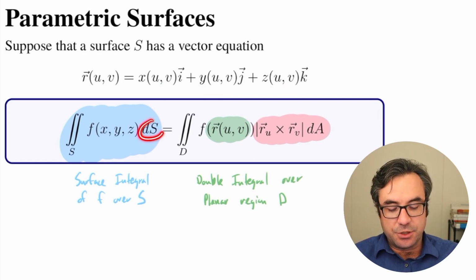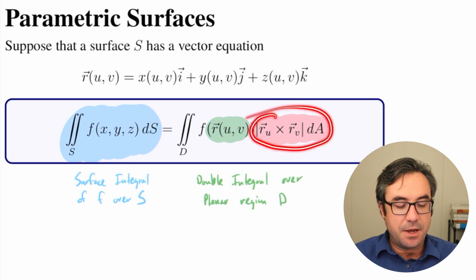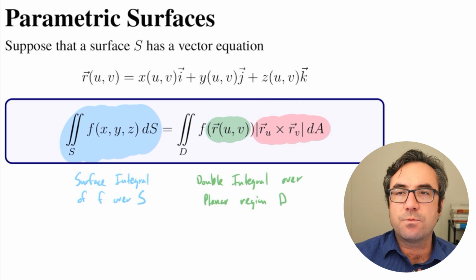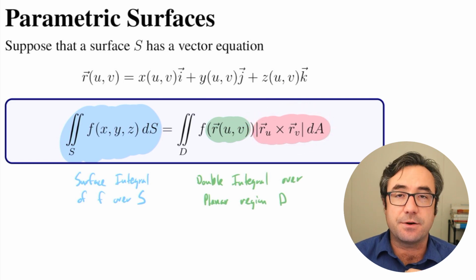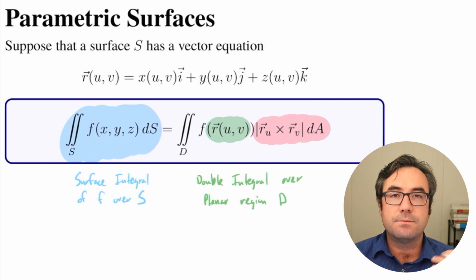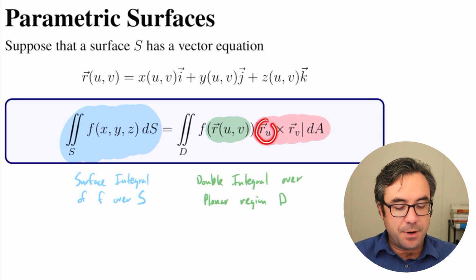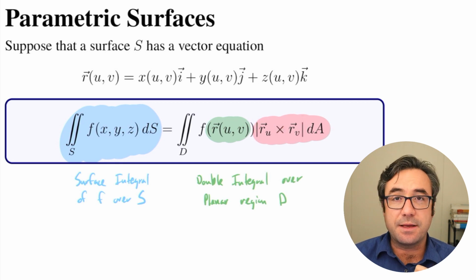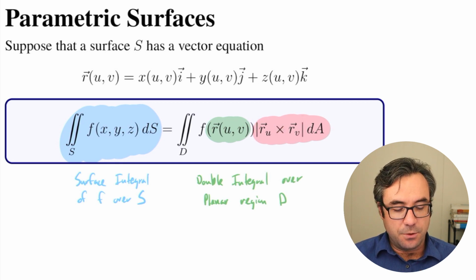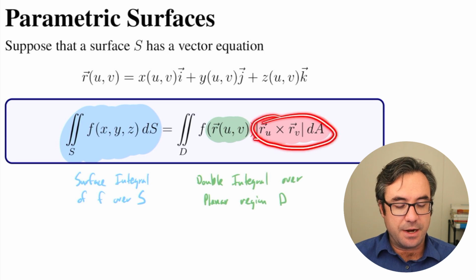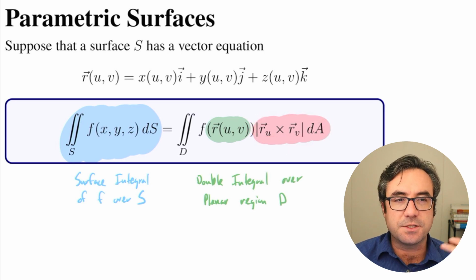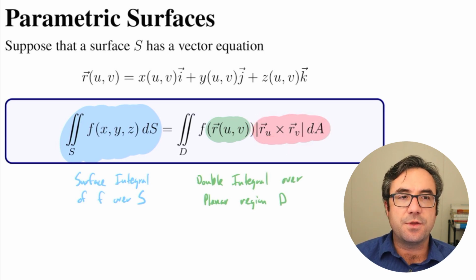And the differential here, ds, becomes this gadget that we looked at when we calculated the surface area for one of these parametric surfaces. So it's the partial r_u, partial r_v. We do their cross product, and then we calculate the length of this thing. So we have to convert the differential here, and it's the length of that cross product that helps us with the conversion.